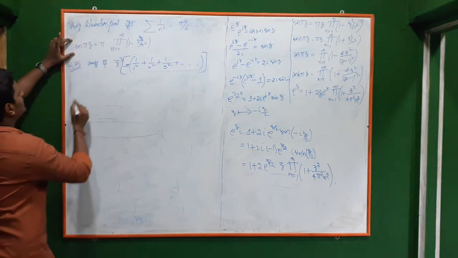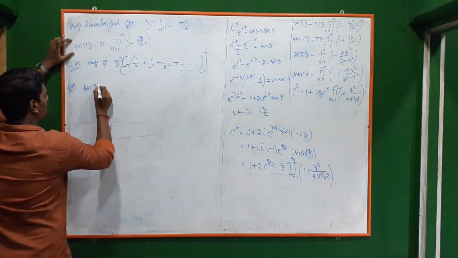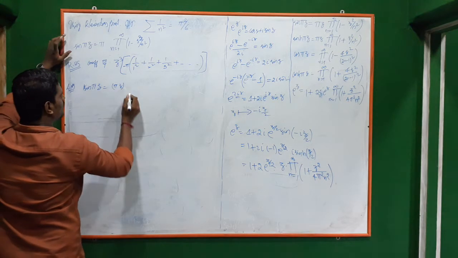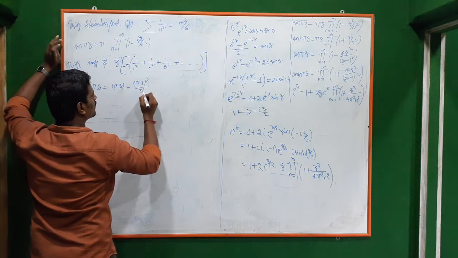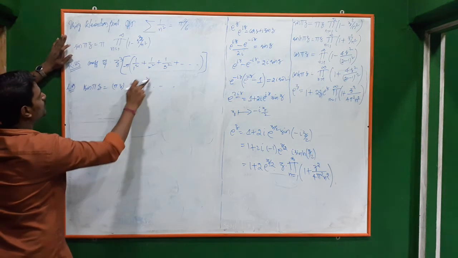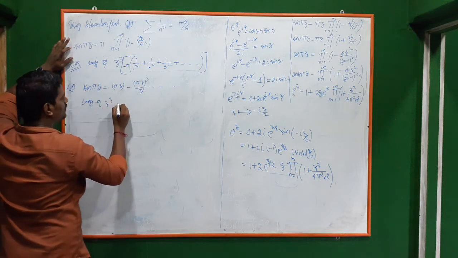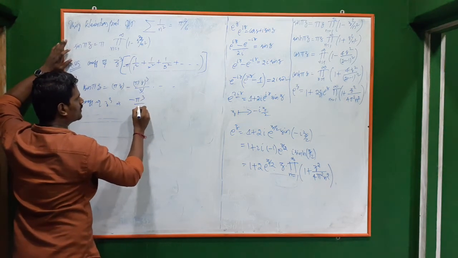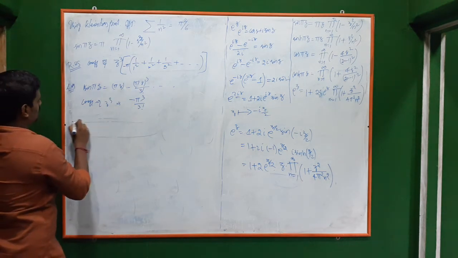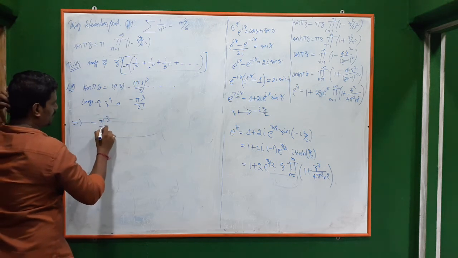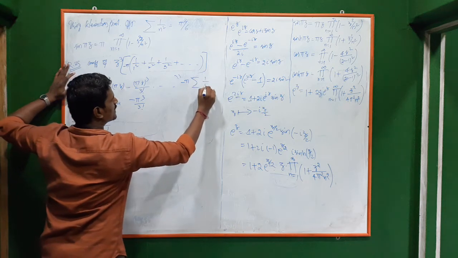On the left hand side, sin pi z. Sin pi z is what? Pi z minus z cube by 3 factorial and so on. So the coefficient of z cube is minus pi cube by 3 factorial, that is minus pi cube by 6. Equate these two. So minus pi cube by 3 factorial equals minus pi into summation 1 by n square.